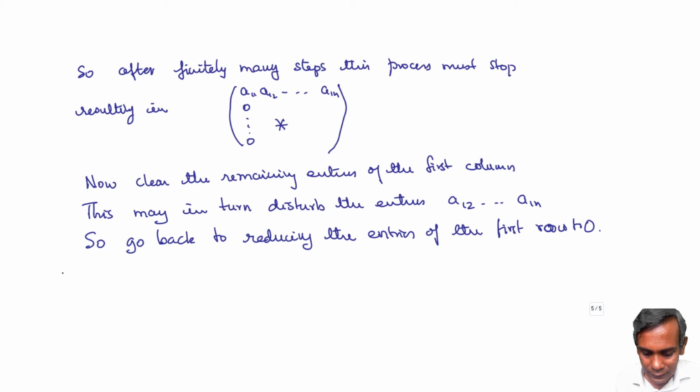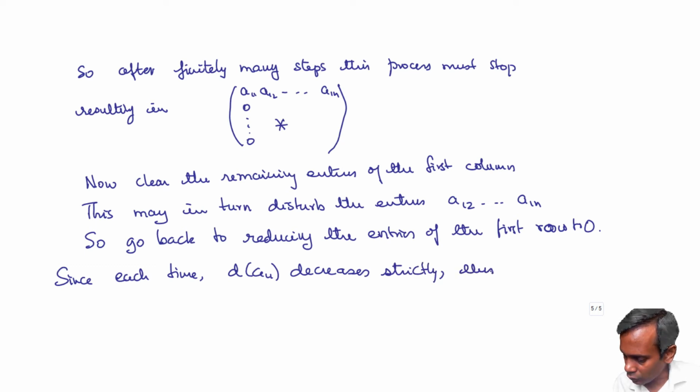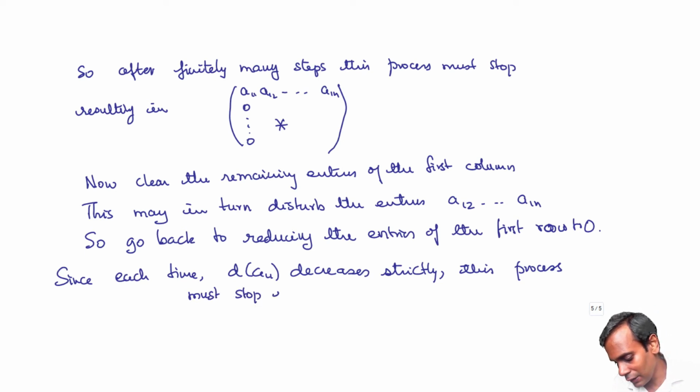This process again, since each time d of A11 decreases strictly, this process too must stop. This process, namely of trying to make the first row 0, then trying to make the first column 0, then trying to make the first row 0, and so on, must stop after finitely many steps.